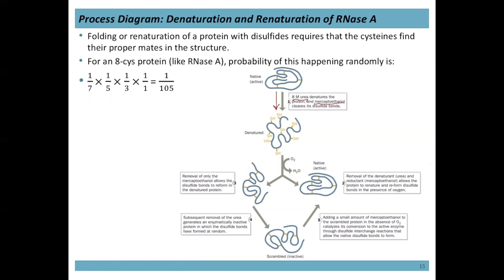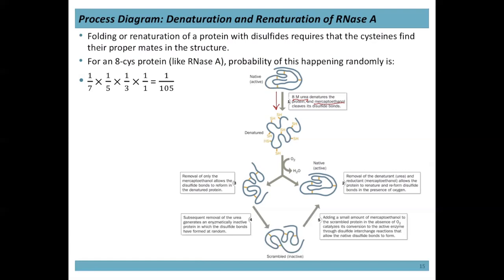Then to form the next correct disulfide, I'd have a 1 out of 3 chance. And then if all I have is 2 thiols left, the chance to form the correct disulfide is 1 out of 1. So if I multiply that all together, the chance that all the disulfides form correctly is 1 out of 105. So about 1% of the protein would actually fold properly.